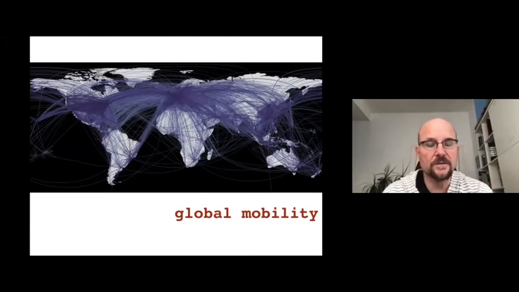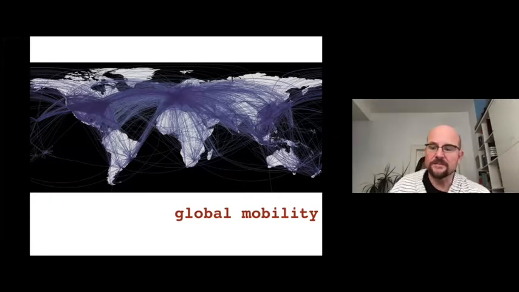This is the Worldwide Mobility Network. This kind of structure has been analyzed in network science since about 20 years ago, when people started looking at this. And it's the backbone on which everything spreads nowadays.